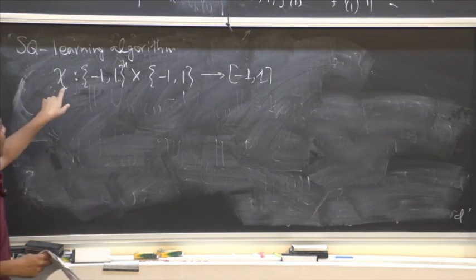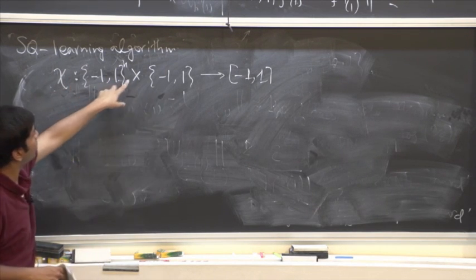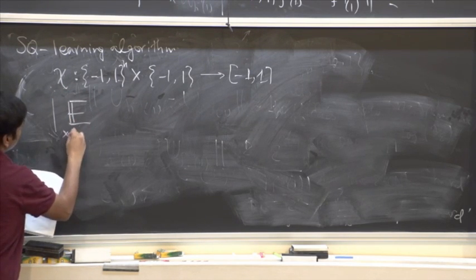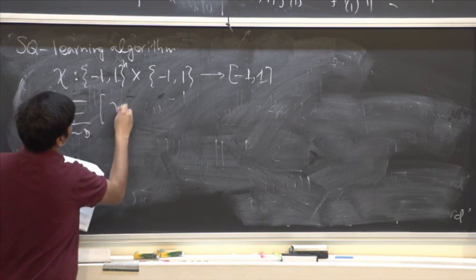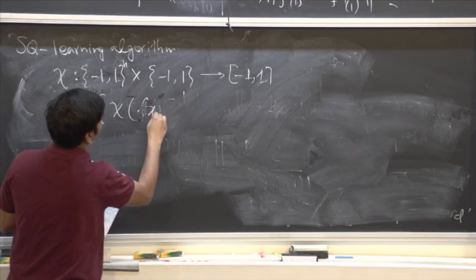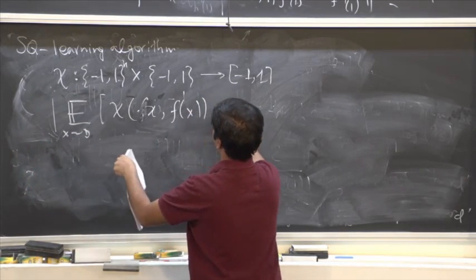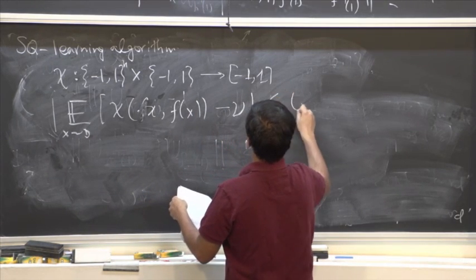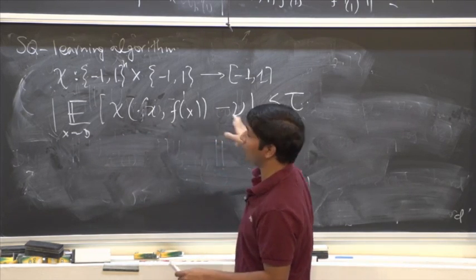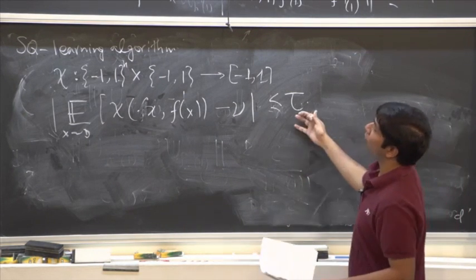The learner can give an oracle any chi of polynomial size, and if the underlying hidden distribution is D, the oracle is supposed to output a number nu such that nu is a very good approximation, within tau, of the expectation of chi of x comma f of x under the hidden distribution D. You should think of tau as something inverse polynomial.